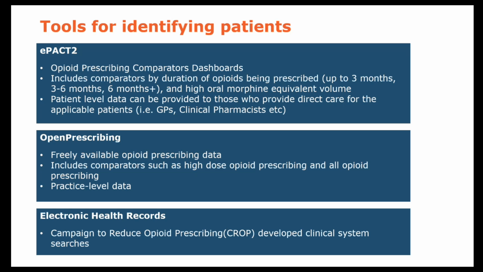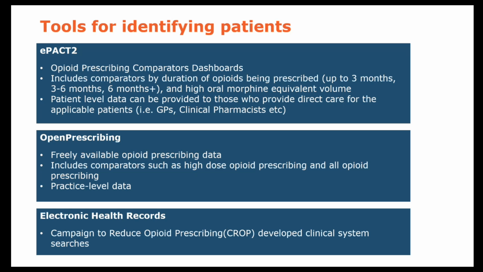So unlike EPACT-2, there isn't a need to register to access that data. And it includes comparators such as high dose opioid prescribing and all opioid prescribing. So you can look at quite a wide range of different comparators on open prescribing. And that data can go down to practice level data. So unlike EPACT-2, where if you are in one of those direct care roles, you can access the patient level data, open prescribing data just goes down to practice level data.